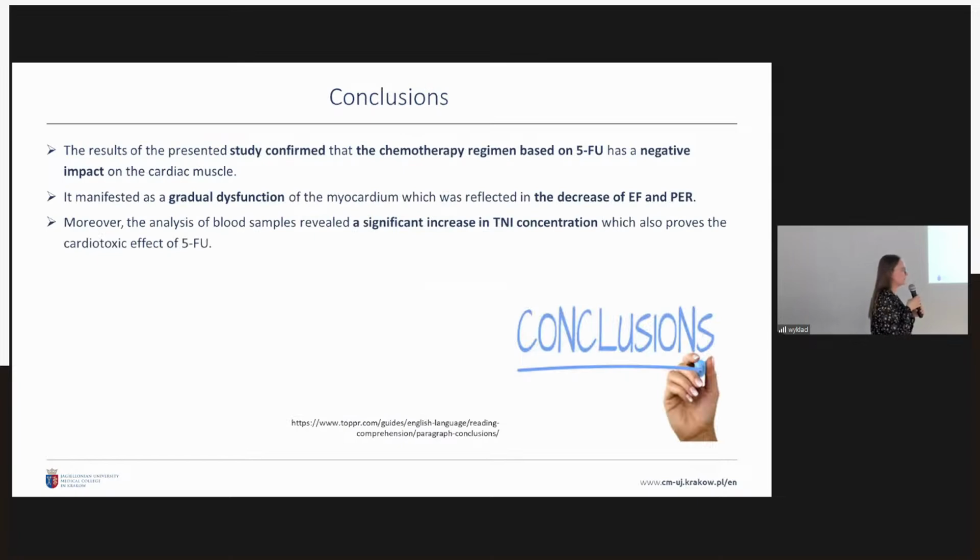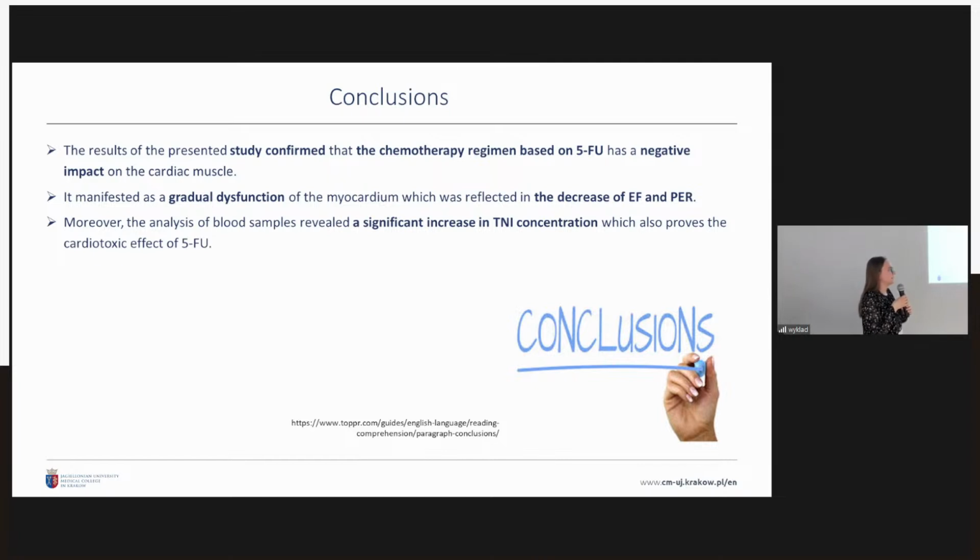To conclude, 5-fluorouracil based chemotherapy results in morphological and functional changes in the cardiac muscle. This chemotherapy, as our results presented, has a negative impact on this muscle.